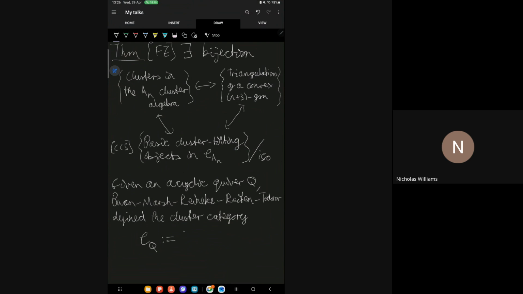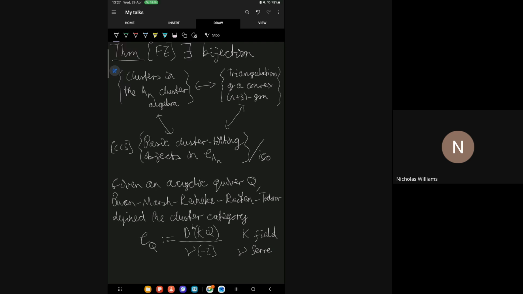So it is defined using the bounded derived category of the path algebra of the quiver Q, where K is some field. So it's the category of orbits of the Serre functor combined with the negative second shift.